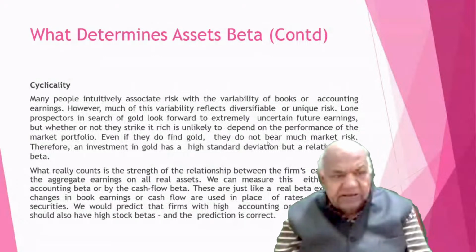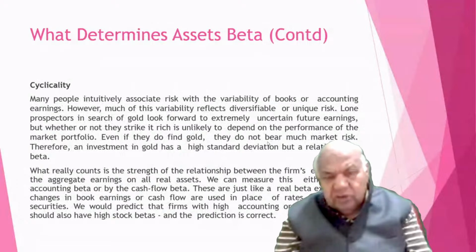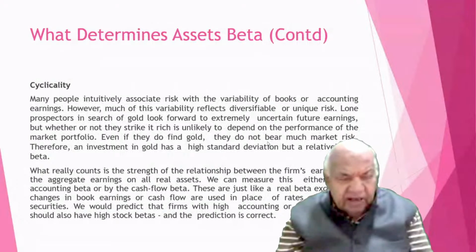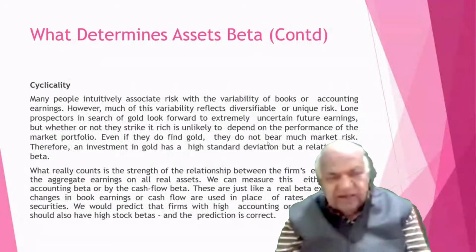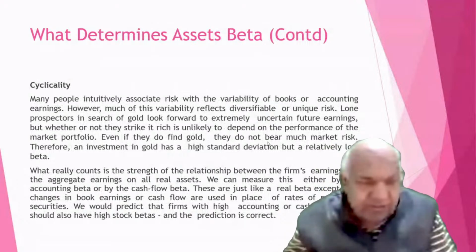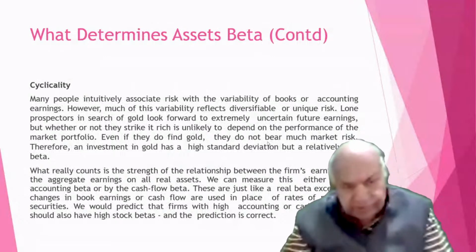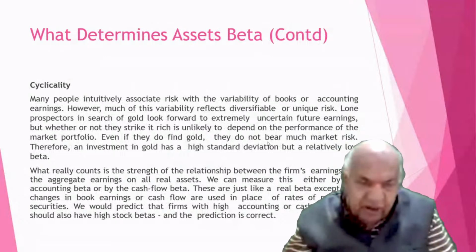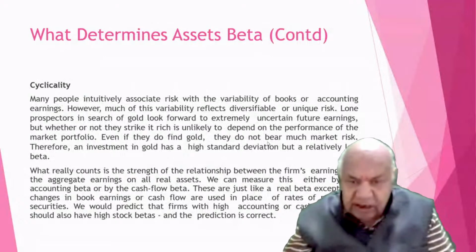Lone prospectors in search of gold look forward to extremely uncertain future earnings. But whether or not they strike it rich is unlikely to depend on the performance of the market portfolio. Even if they do find gold, they do not bear much market risk.